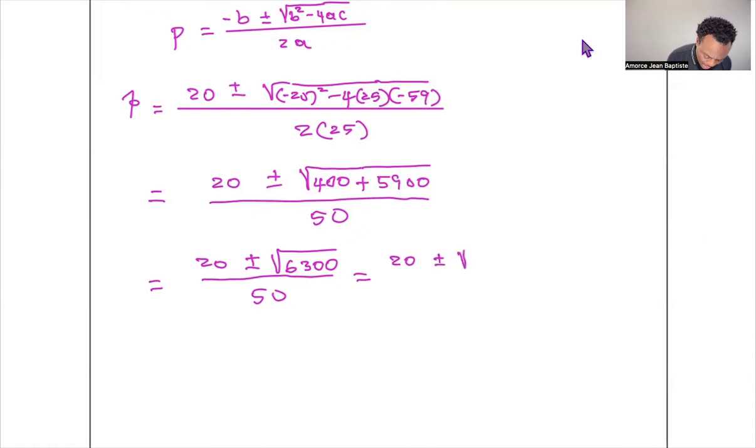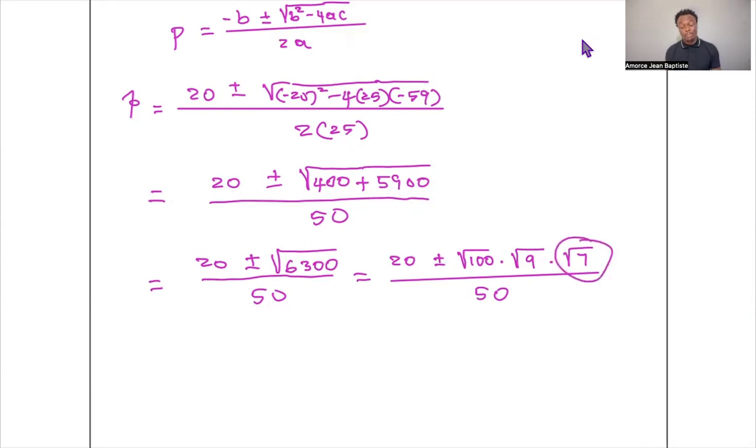But I see that that's going to be square root of 100 times square root of 9 times square root of 7, which makes it easy for me to simplify this, right? If you can factor it into perfect squares, the only one that's not a perfect square is square root of 7, 7 being a prime number.